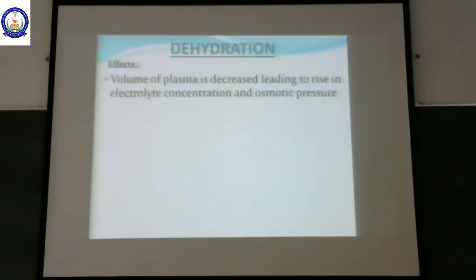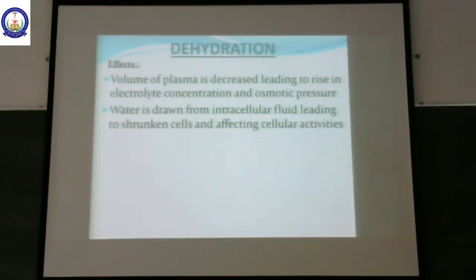The osmotic pressure will increase within the blood vessels, and of course the electrolytes will get concentrated. Water is now drawn from intracellular fluid, leading to shrunken cells and affecting cellular activities. You have a high concentration of solutes outside the cells, right?